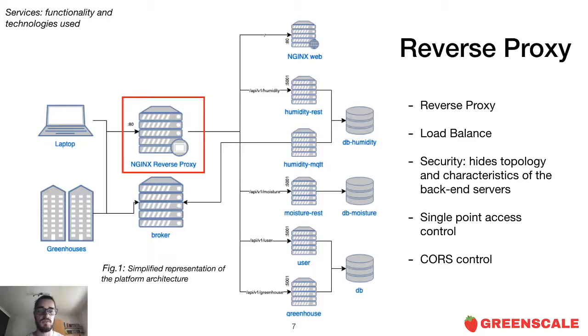The services on the platform are kept inside a non-public subnet and concentrated in the access control on that single point. The Nginx server also allows load balancing between the services, which is useful when there's a need to scale the platform. The cross-origin resource sharing, or CORS, is also controlled here.